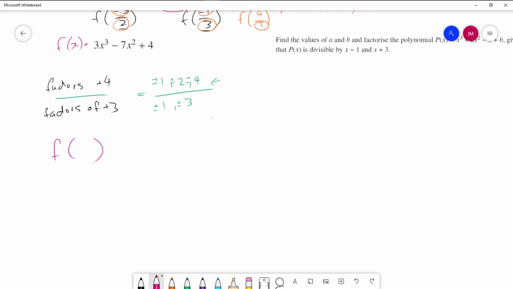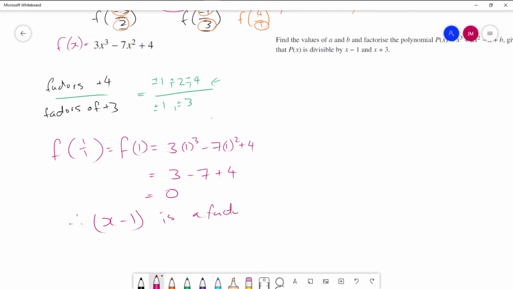So I'm going to try positive 1, which is 1 over 1. So let's substitute that in. I'd get 3 times 1 cubed minus 7 times 1 squared plus 4. So I'd get 3 minus 7 plus 4 equals 0. So therefore, x minus 1 is a factor.